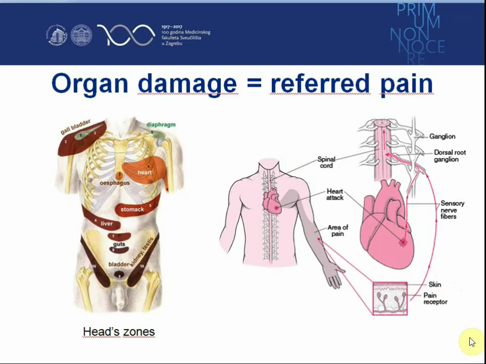it can be at least in part explained by the convergence of the visceroafferent and somatic afferent fibers to the same spinal segments.